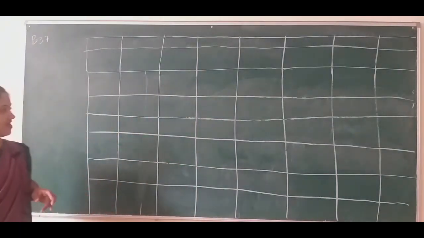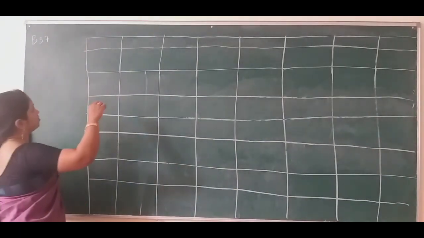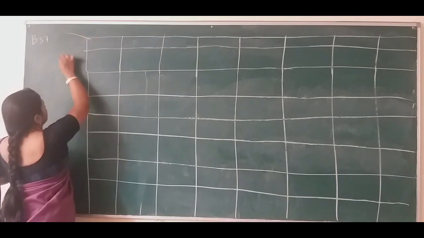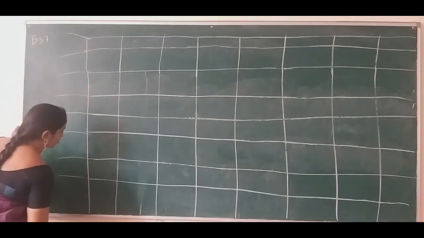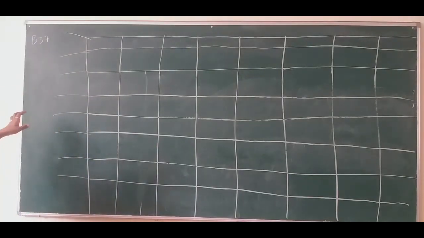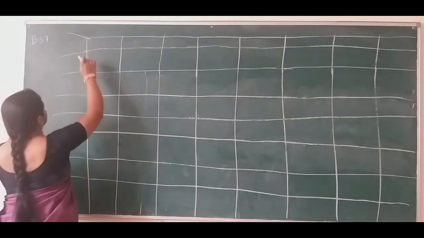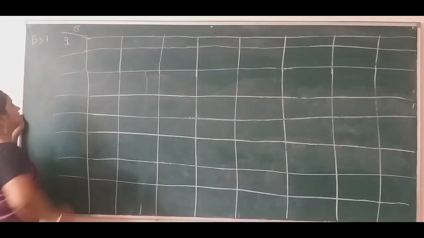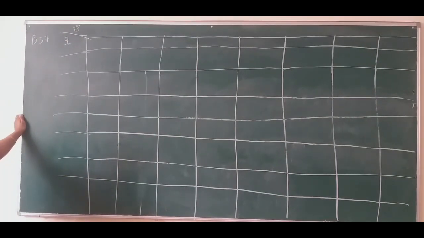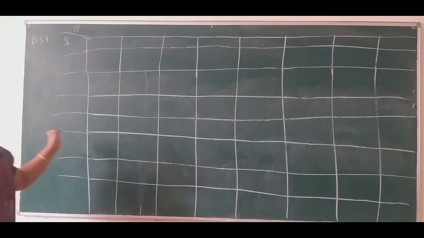Yes, 8 columns and 8 rows we got, and start writing the gametes at the top of the box and at the left corner of the box. Here you have to write the male parent and the female parent. Okay, shall we start now?